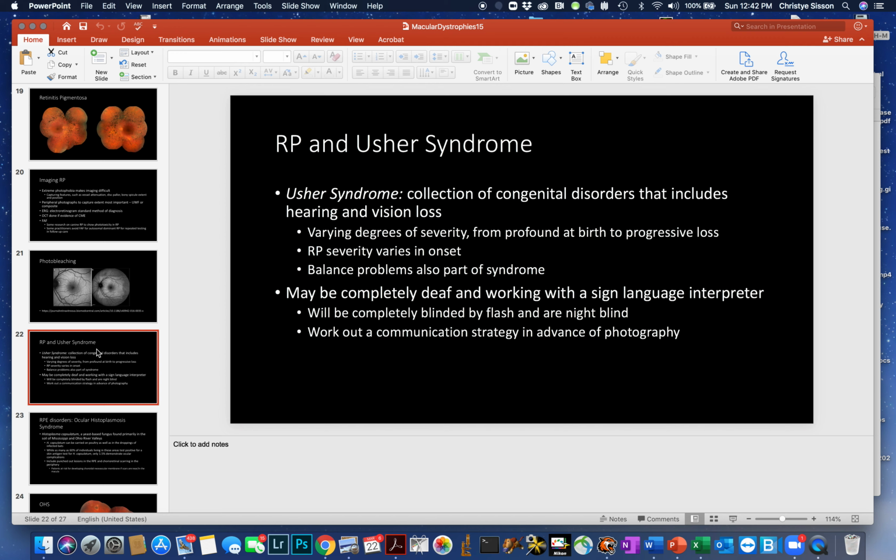As it relates to Usher syndrome, that is the most common syndrome that you'll see combining both of these factors, and so those extra considerations are very important. I believe we went through those, but I'm just going to reiterate some of the most important ones here.